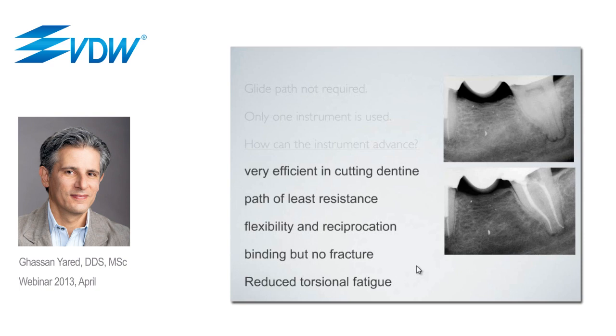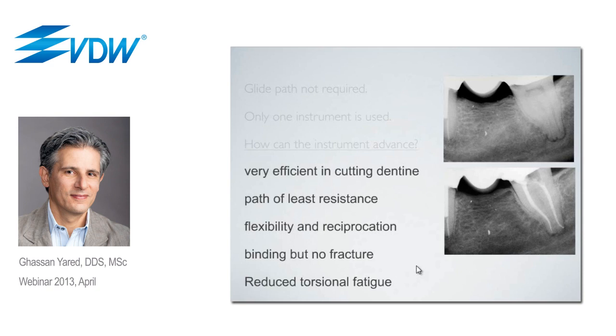We are using this instrument in reciprocation. We know from the study of Roane in 1985 that with reciprocation there is a lower chance of canal transportation. And we are also using this instrument, which is made from nickel titanium, so it is a flexible instrument.